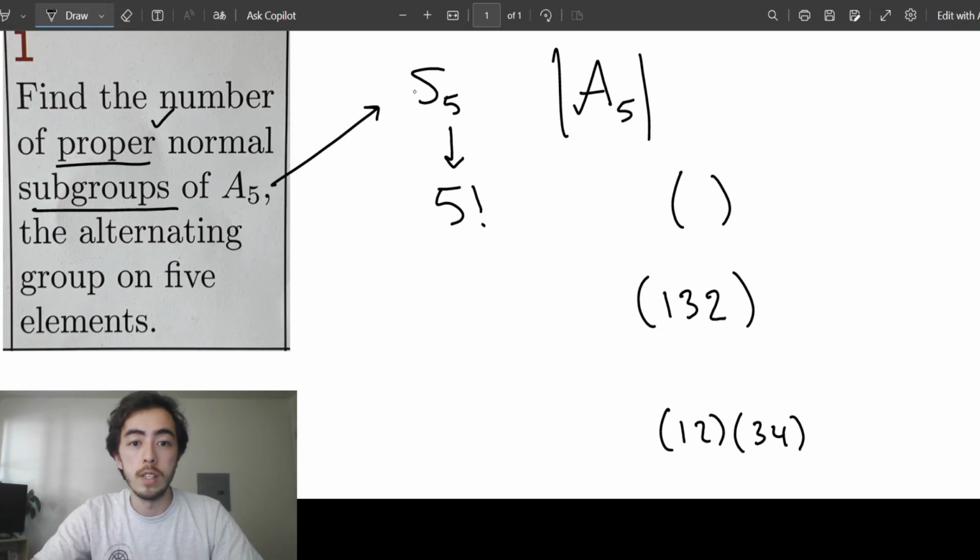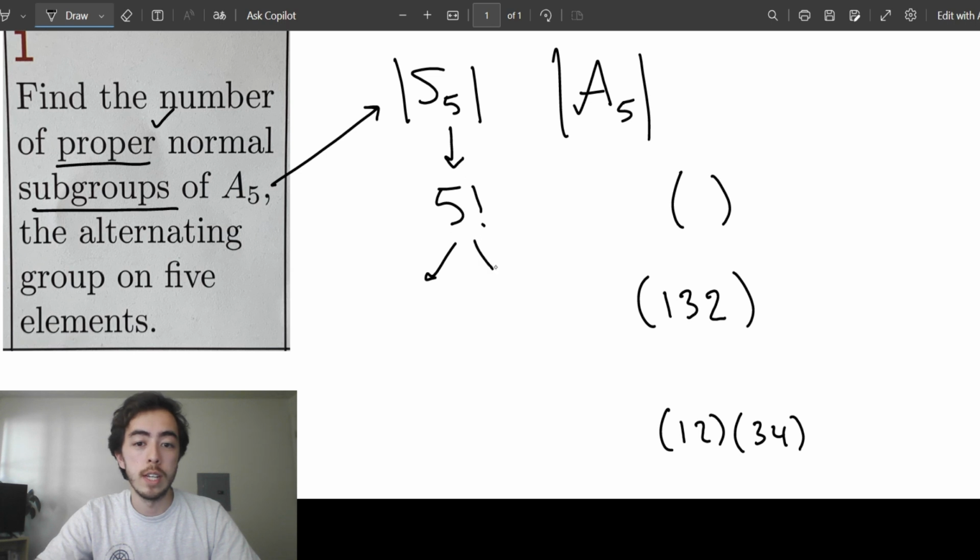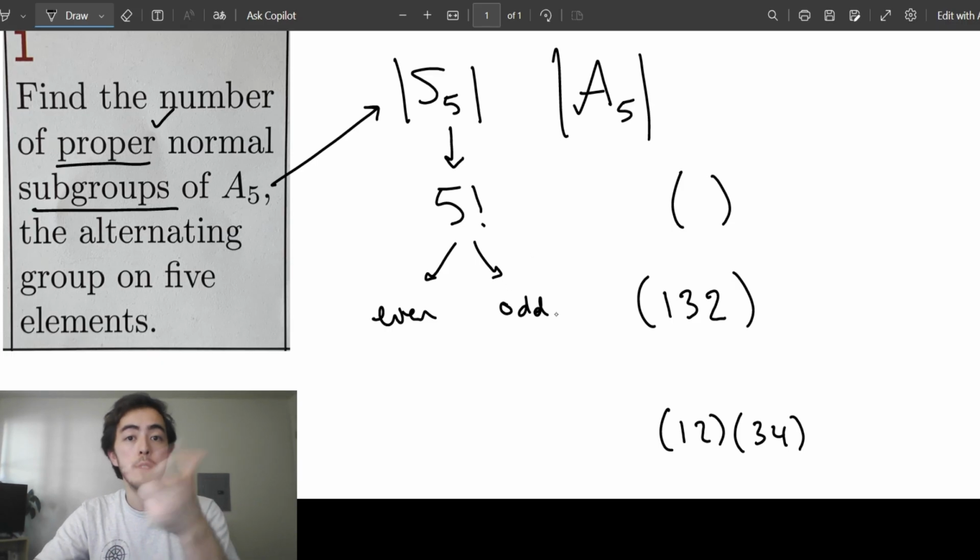So the cardinality of S5 would be 5 factorial. And then this is a trust me moment: exactly half of the elements in S5 are going to be considered even, where we have an even amount of single swaps, and exactly half are going to be odd, where I have an odd amount of single swaps.